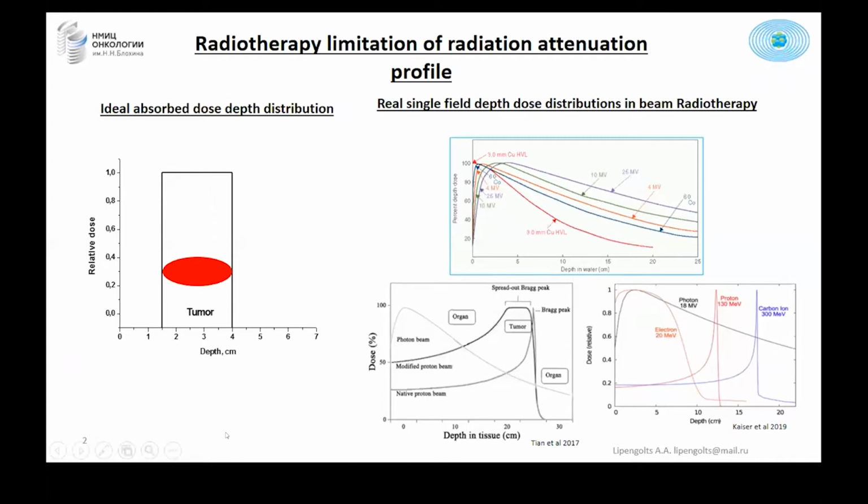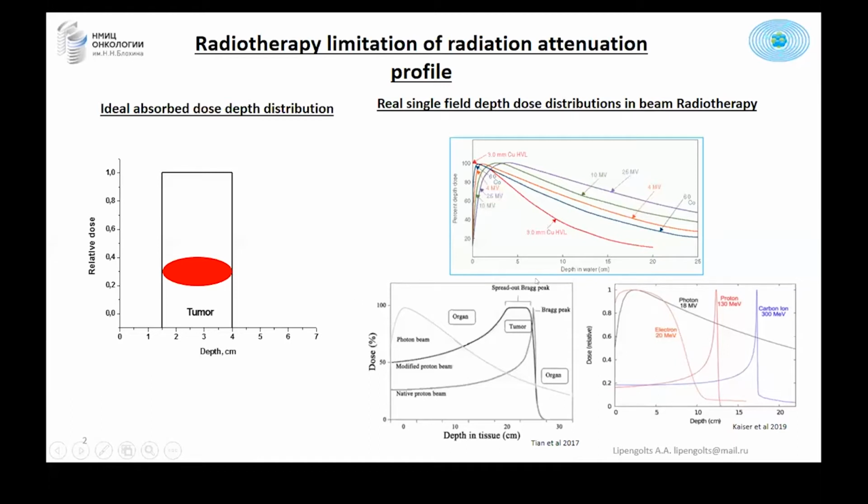From the medical point of view, from the point of view of oncologists, the ideal depth dose distribution can be seen in the left picture. It's a rectangular shape, and all the prescribed dose is set within the tumor volume, and outside the tumor, in the normal tissues, the absorbed dose is 0.